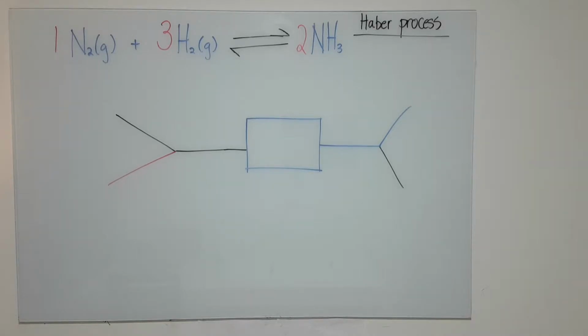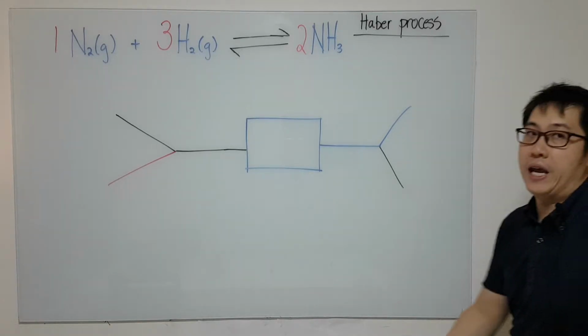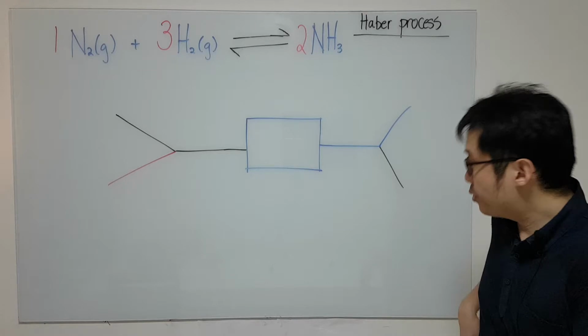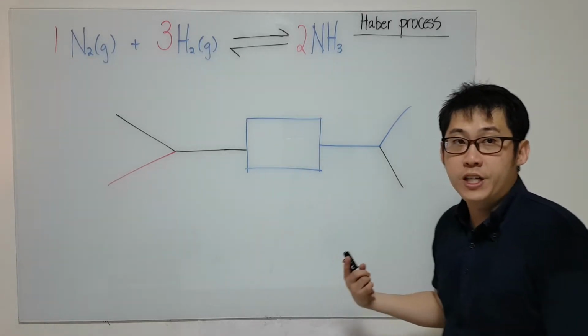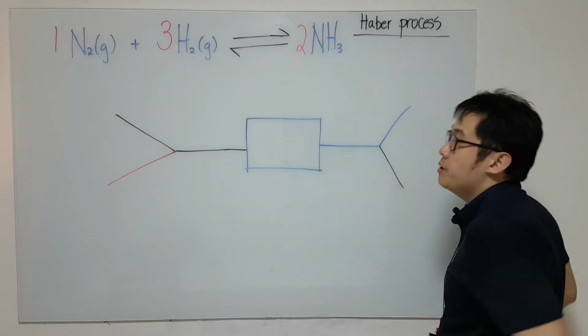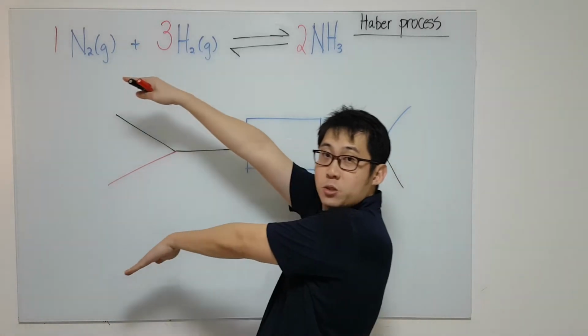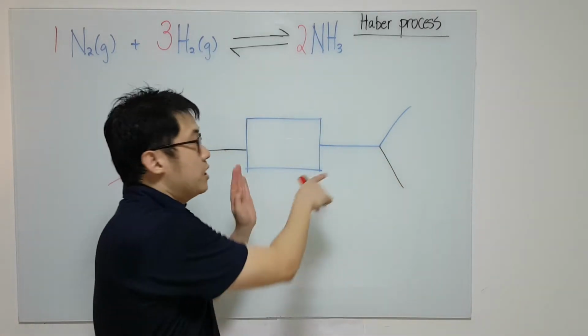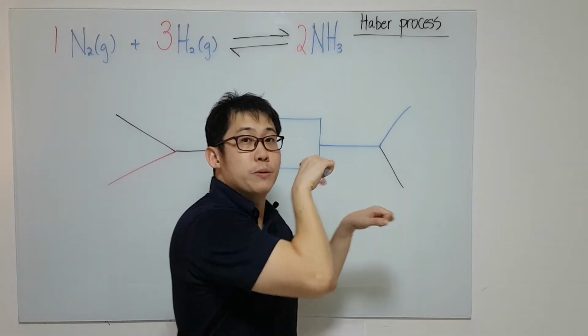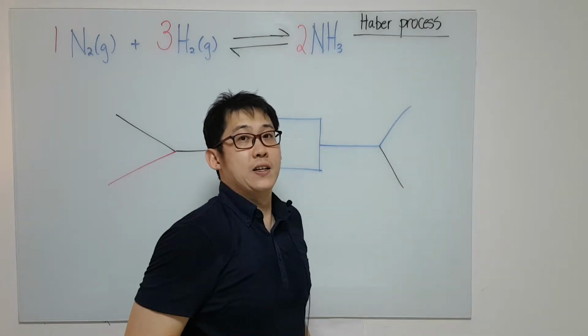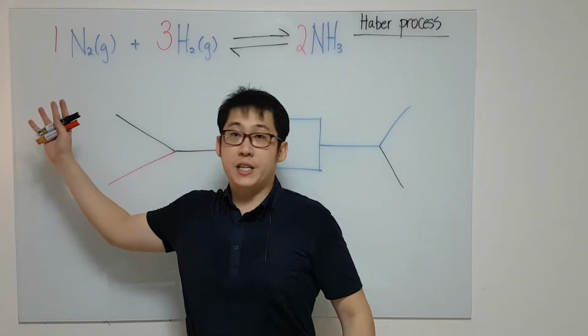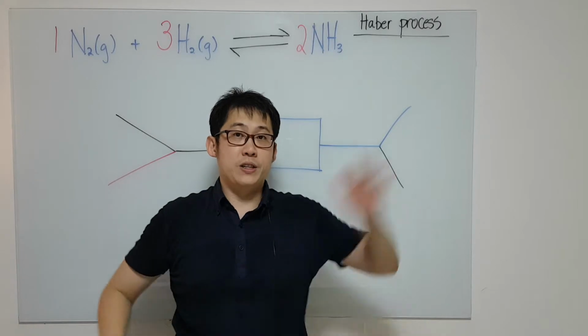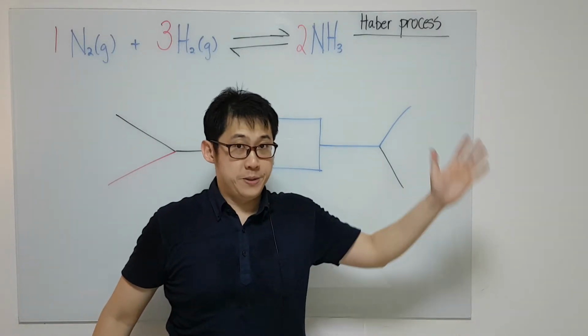Now, in order for you to easily remember and describe the Haber process, I want you first to remember for me this funny looking shape here. I have a box here, with two arrows pointing this way, and then on the other side, I will have a reaction arrow pointing this way. On this side I will have my reactants, and on this side I will have my products.